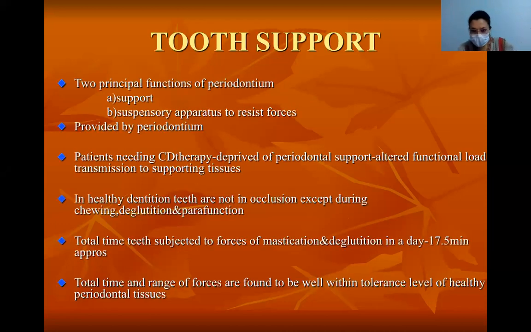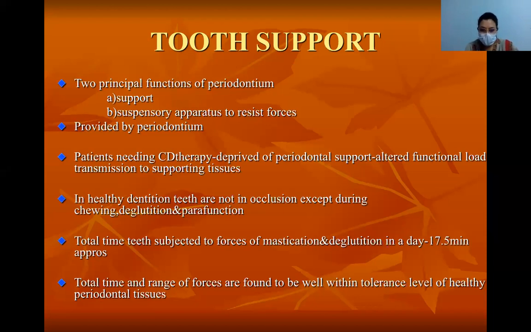The tooth support, which we consider when we talk of the biomechanics of an edentulous patient: the two principal functions of the periodontium are the support and the sensory apparatus to resist the forces exerted by the prosthesis. This is mainly provided by the periodontium. The patients needing CD therapy are deprived of the periodontal support and therefore have altered functional load transmission to the supporting tissues.